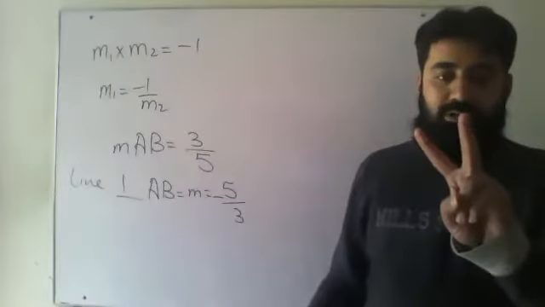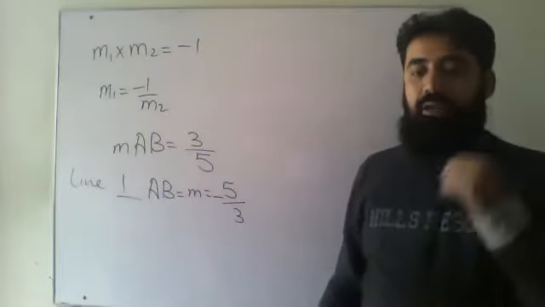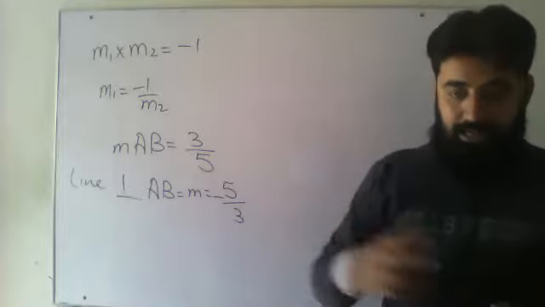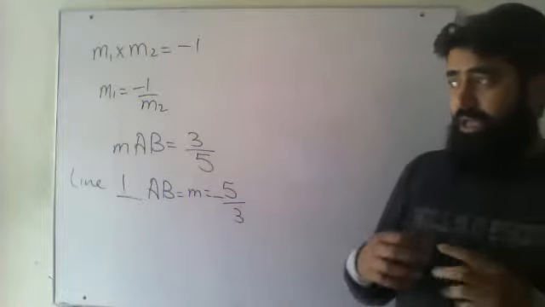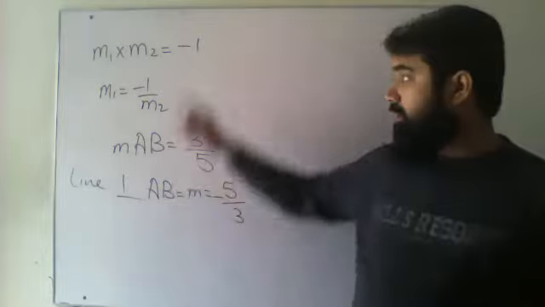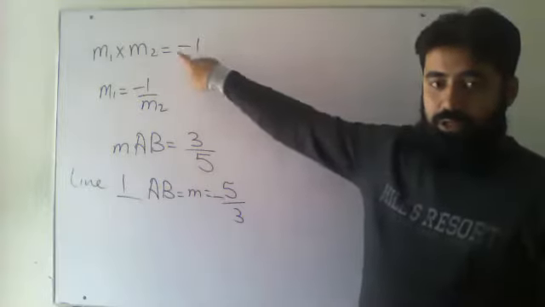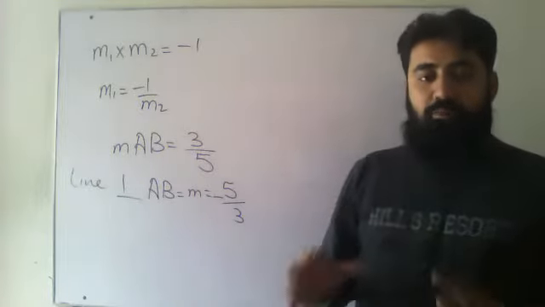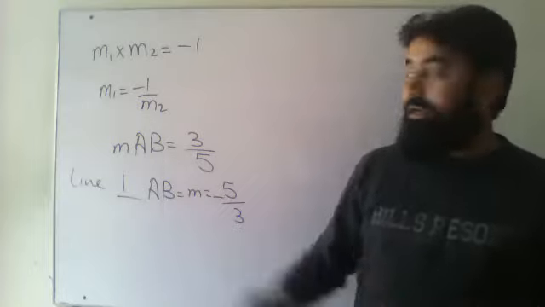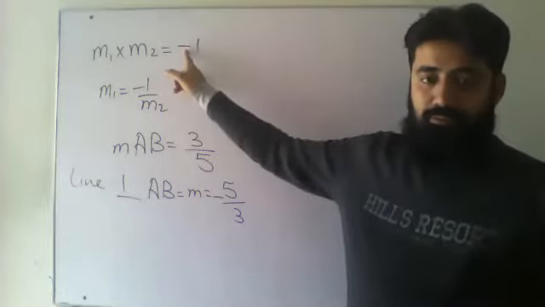If two lines' gradients are given and they are asking whether the lines are perpendicular or not, you will use this method, taking the product of both gradients and finding out whether it is -1 or not.